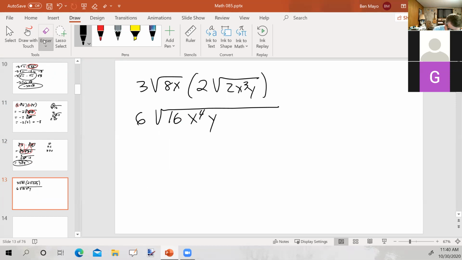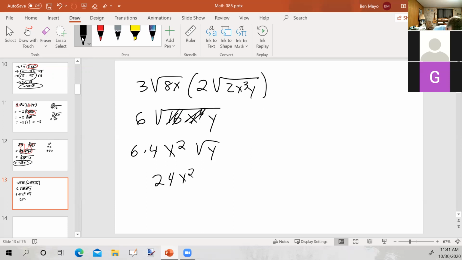Are you okay with how I got that? Yes. All right. What's the square root of 16? 4. What's the square root of x to the 4th? X squared. And we've got the square root of y left over. So we've got 24x squared times the square root of y.